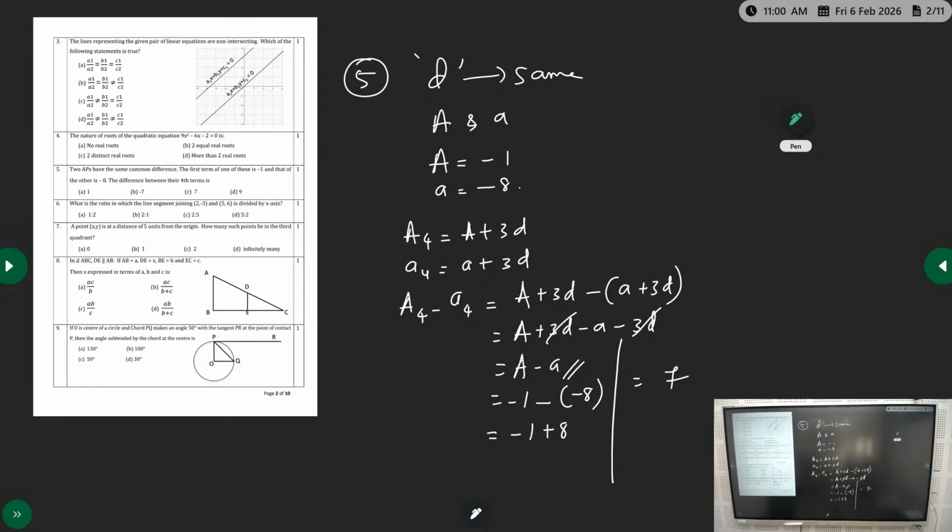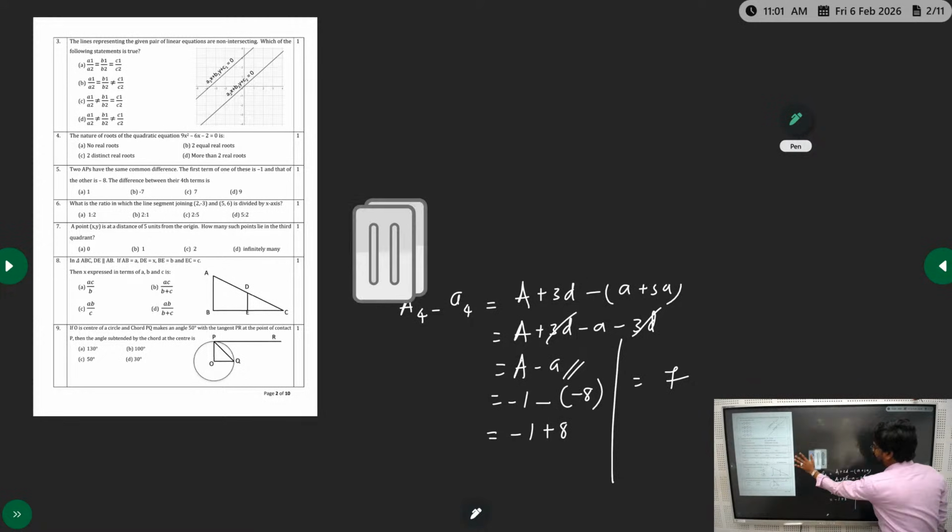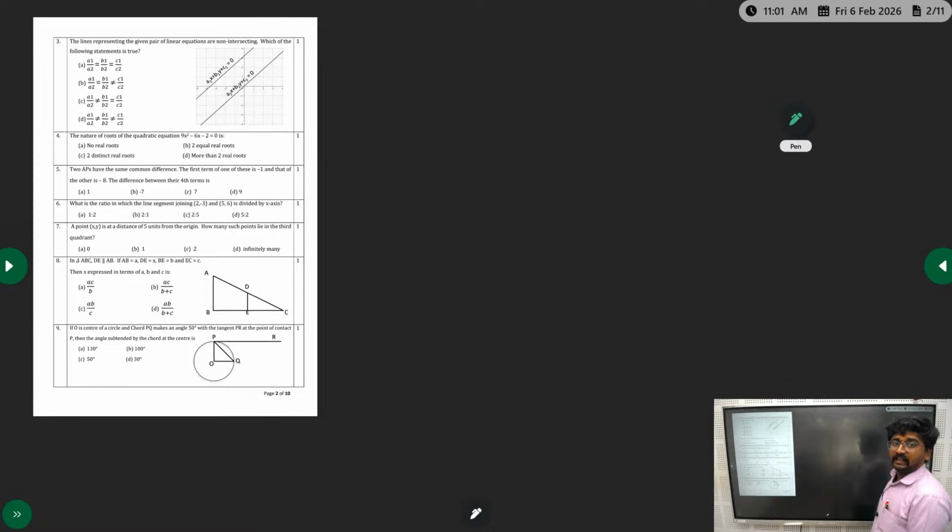So what do I have to do? We made one shortcut formula. Note it down. If a point lies on the x-axis, then the ratio m1 by m2 is equal to minus y1 by y2.